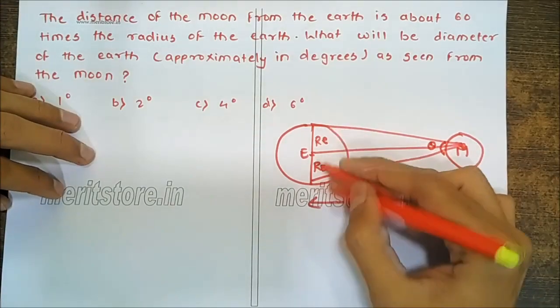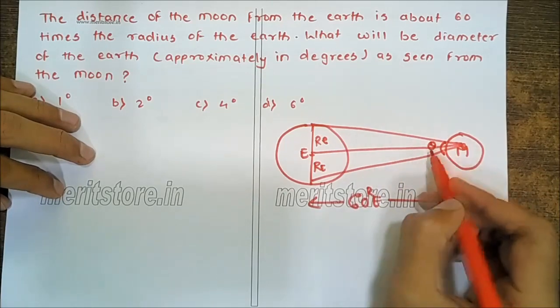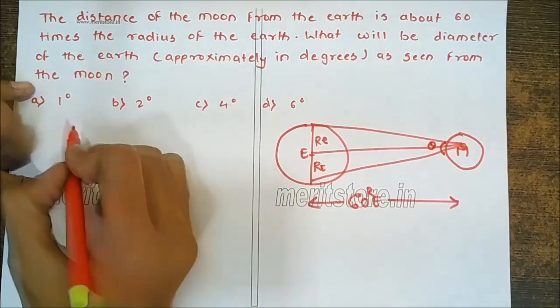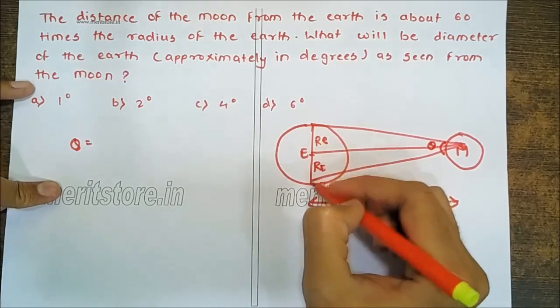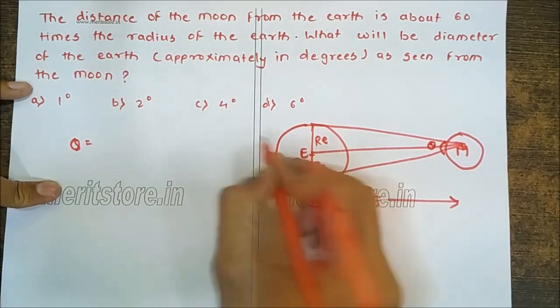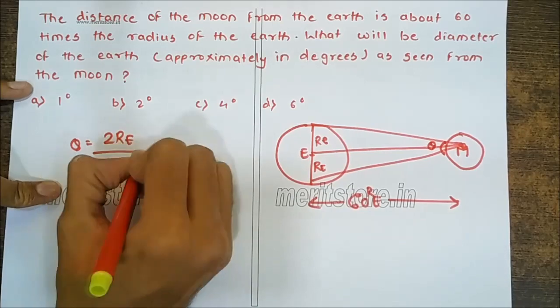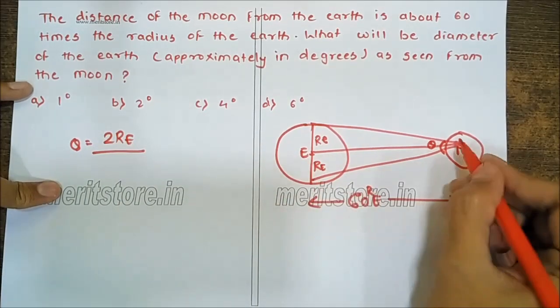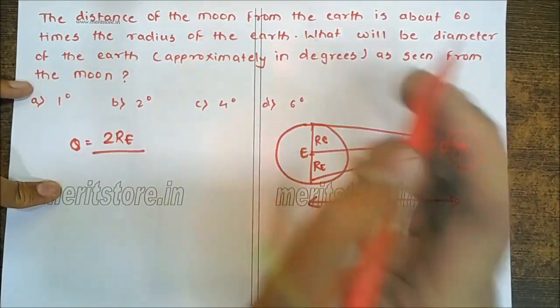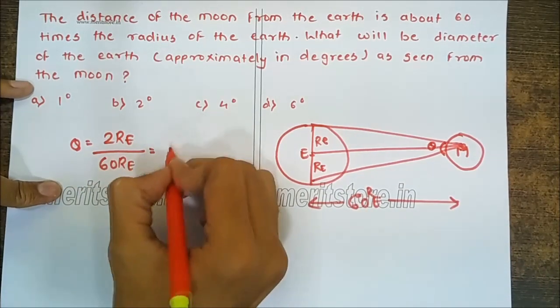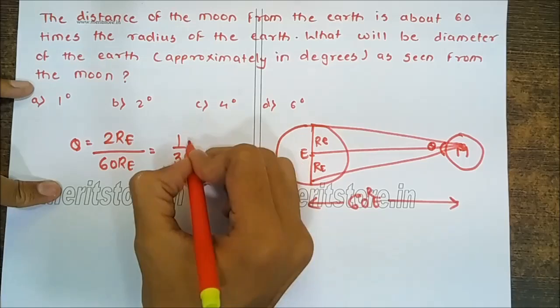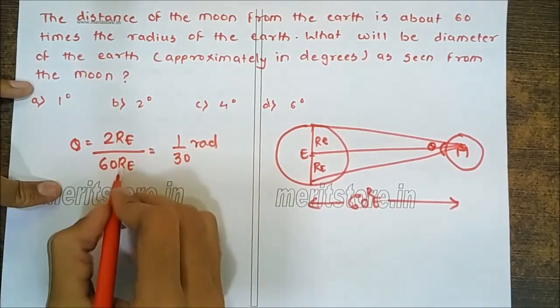So the diameter of the earth as seen from the moon: if we use the formula, theta will be equal to the arc upon the distance, that is 2 times RE upon the distance. The distance between the earth and the moon is given as 60 times the radius of the earth, so 60 RE. That will be nothing but 1 upon 30 radians, that is theta.